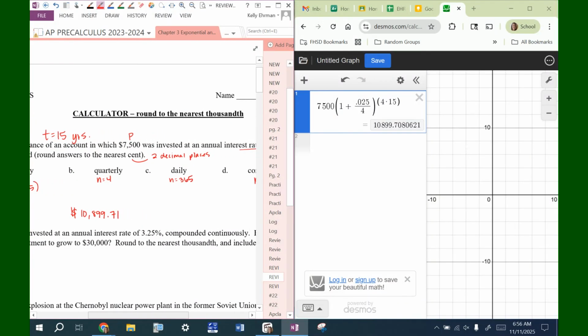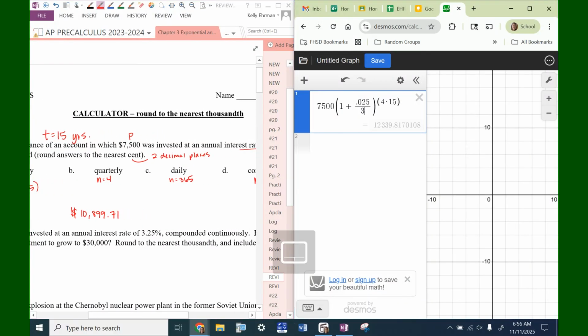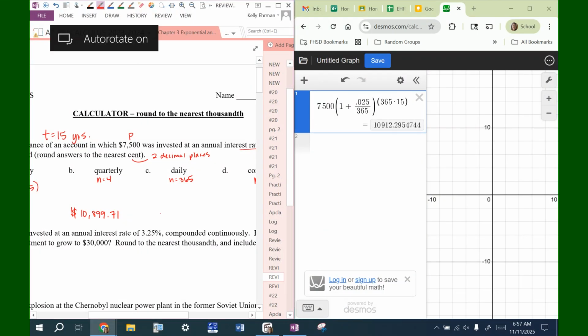Excuse me. And then daily. So daily, we're going to change this to 365. As n increases, the dollar amount increases. 10,912.29 will round up to 30.